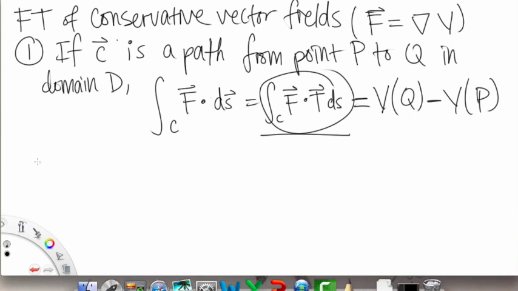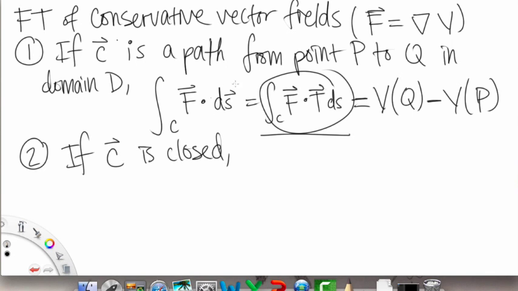The second part of the fundamental theorem of conservative vector fields is that if our curve C is closed, in other words that means P equals Q, then the following is true.